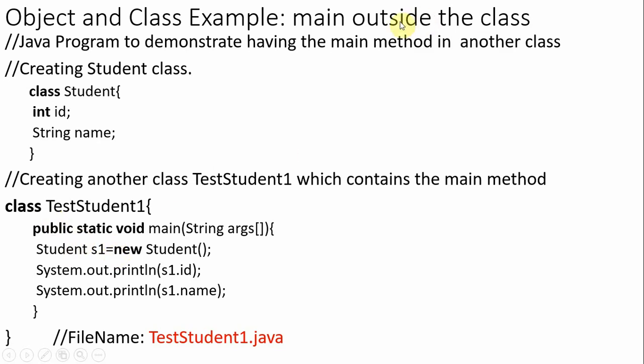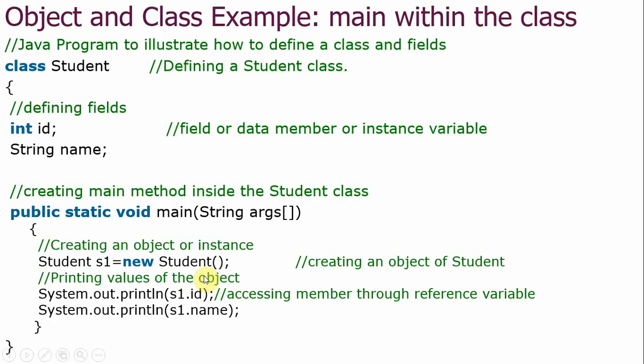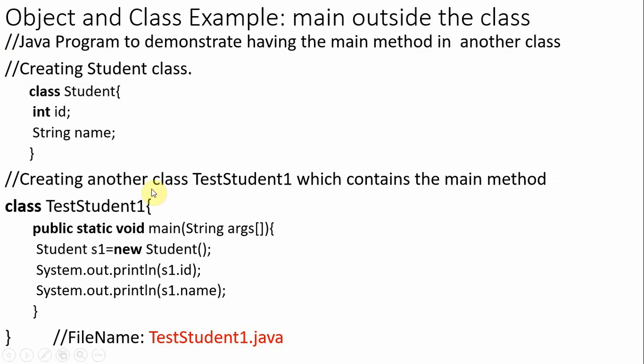It is mandatory to define members, variables or methods, in a class only, but whether it is one class or more than one class is the user's choice. For the previous example we have only one class, but here we have two classes, Student and TestStudent1, and there we can define the main method.